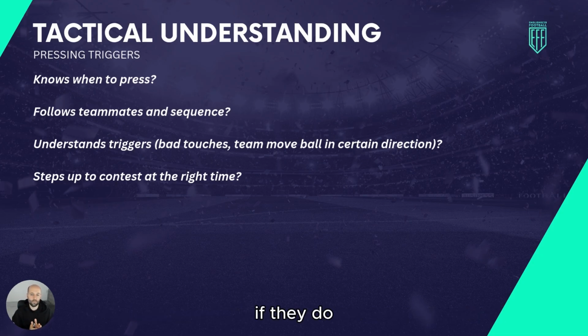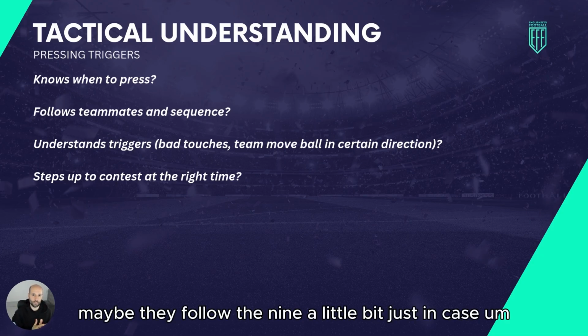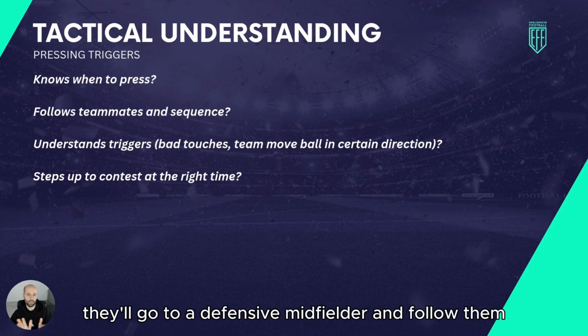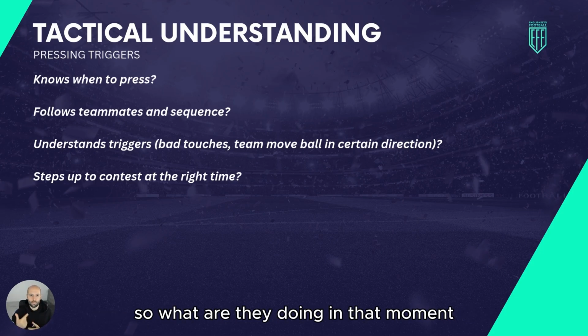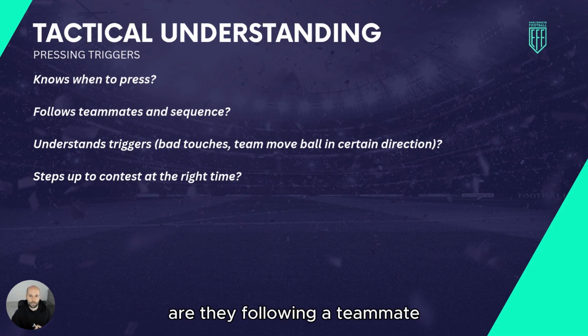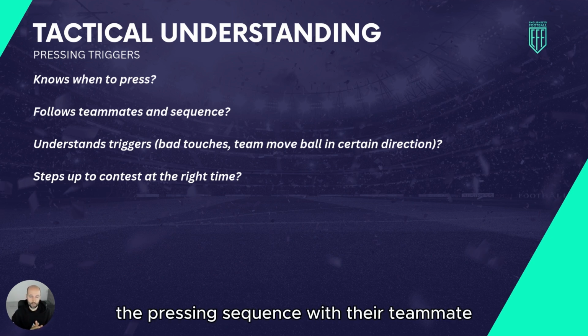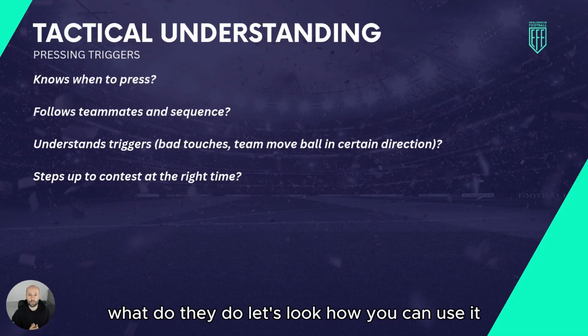If they do, maybe they follow the 9 a little bit just in case that centre back tries to play inside, or maybe they'll go to a defensive midfielder and follow them. So what are they doing in that moment? Are they following a teammate? Are they completing the pressing sequence with their teammate? What do they do? Let's look at how you can use it.